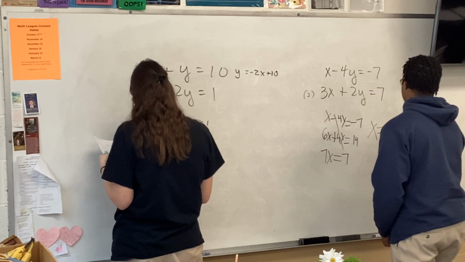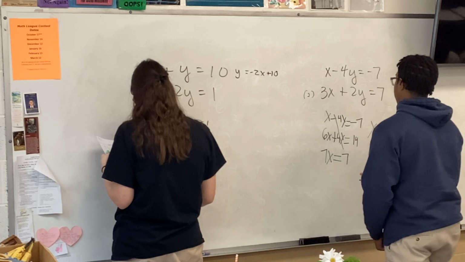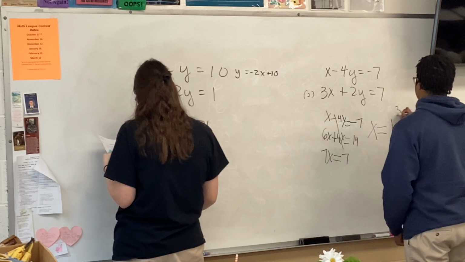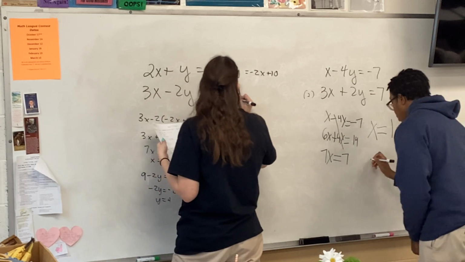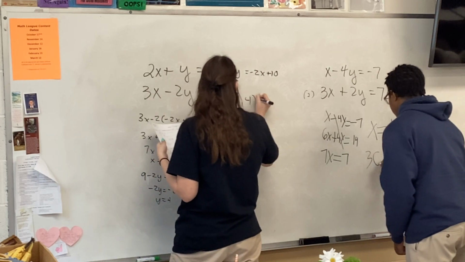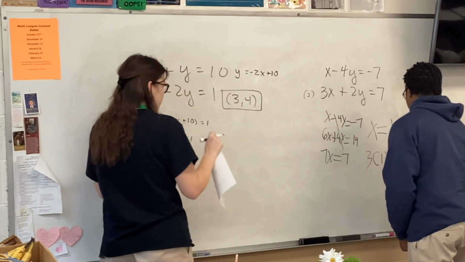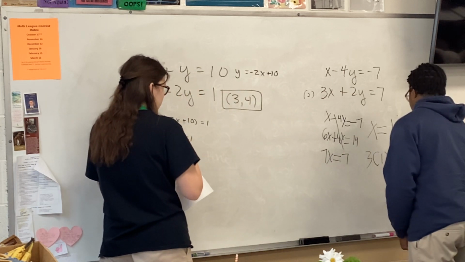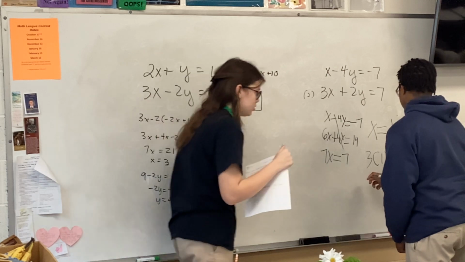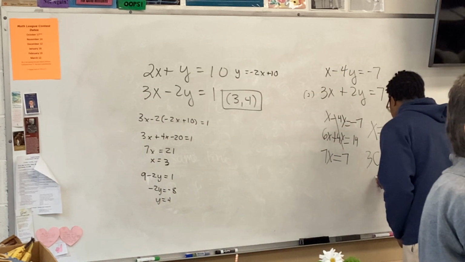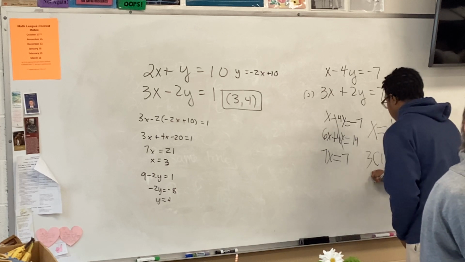Yeah, you have to be able to do it using the right strategy for the quiz on Monday. And how do we write our answers? As an ordered pair. And make sure, no matter what order you found your variables, when you write your answer, it has to be X, comma, Y.